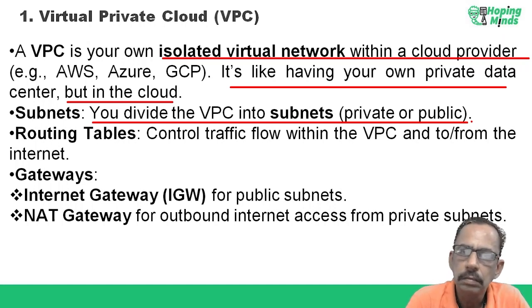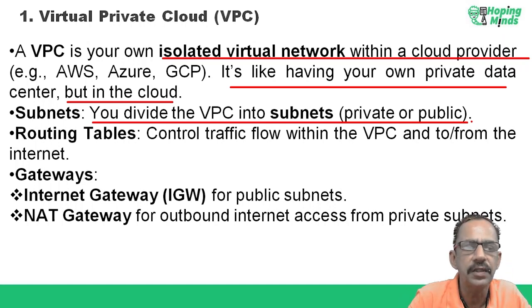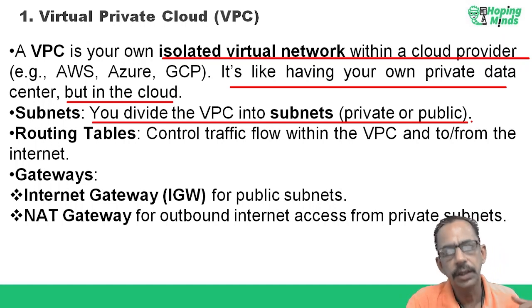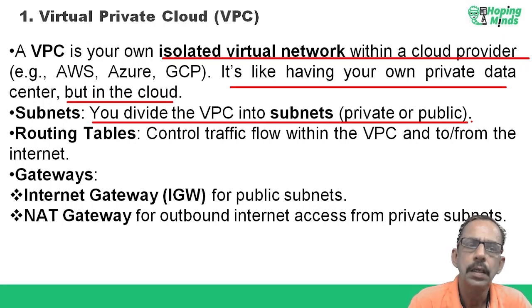Routing table: traffic flow within the VPC or to and from the internet. Internet gateway for the public subnet. We connect one internet gateway with the public subnet so that any resource within the public subnet can go to the internet.